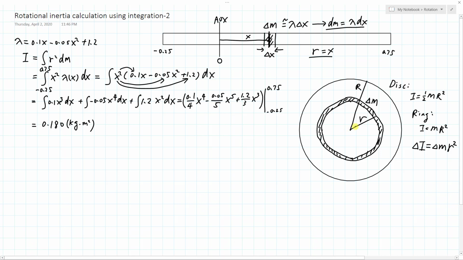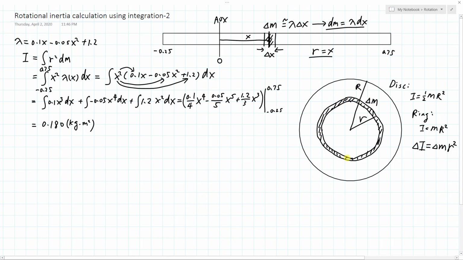So if I could reconstruct the entire disk by first cutting it into concentric rings, and then figuring out for any ring how much rotational inertia that ring has, then I can sum up all the rings if I know any ring. This is a generic ring. It's not a particular location, like half the radius. So if I know this ring's rotational inertia, I can add the rotational inertia of all the rings together to produce the rotational inertia of the disk.